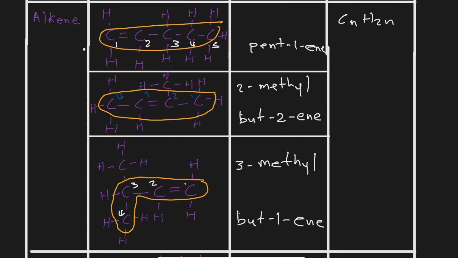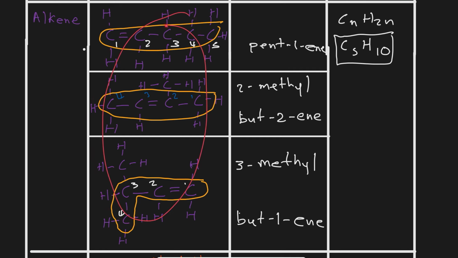So for an alkene with 5 carbons, the molecular formula has 2 multiplied by 5, which is 10 hydrogens. So all of these have the same molecular formula. But if you look at all these, they have different structural formulas. So these are isomers, since they have the same molecular formula but different structural formulas.